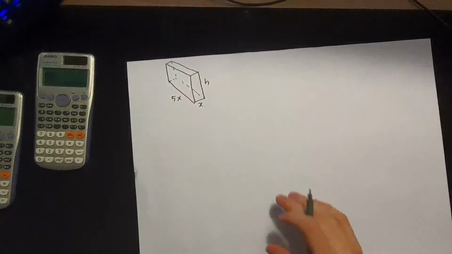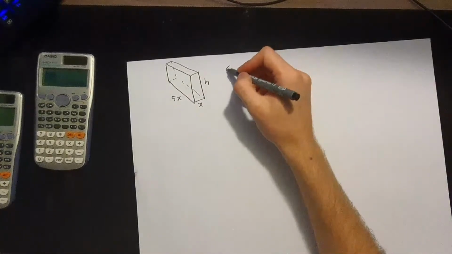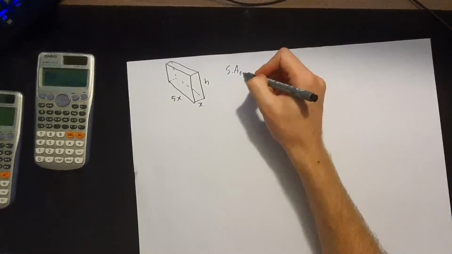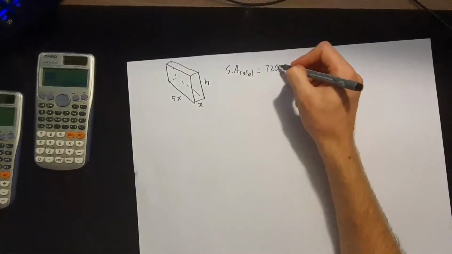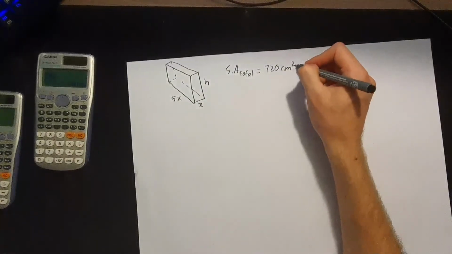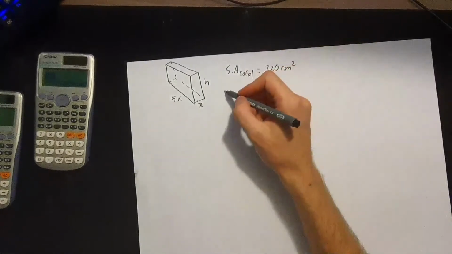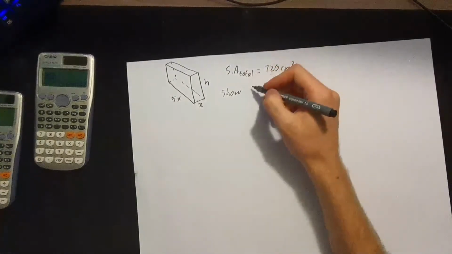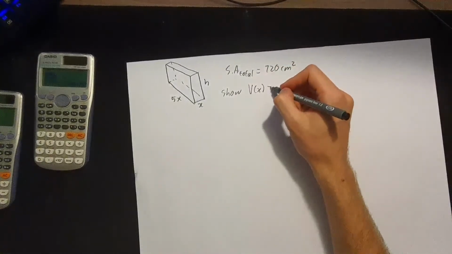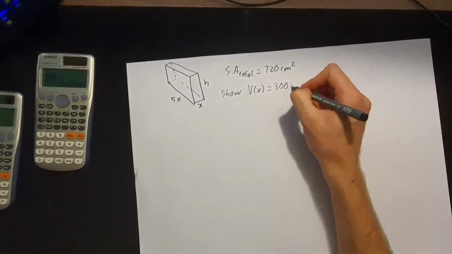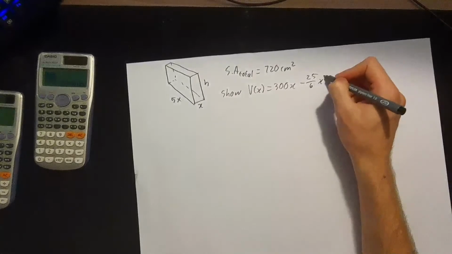So the first thing you've got to show is the total surface area equals 720 centimeters squared. And then they say show that the volume, V(x), equals 300x minus 25 over 6x squared.